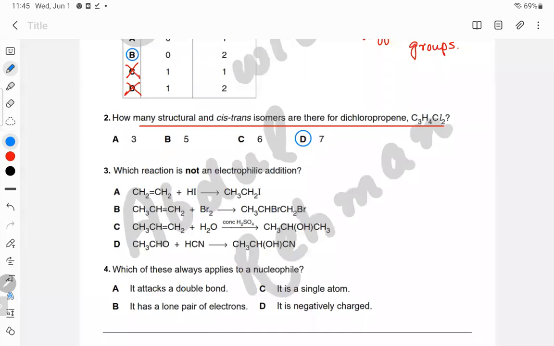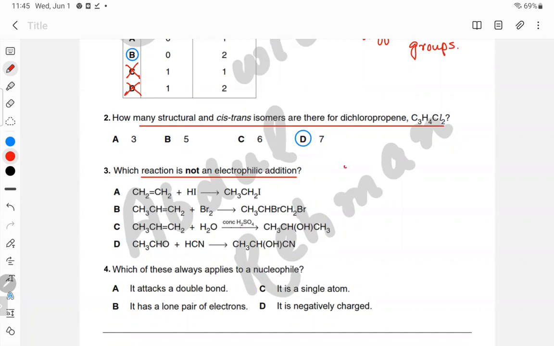Question number 3. Which reaction is not an electrophilic addition? If we recall, electrophilic addition is done by alkenes, right?